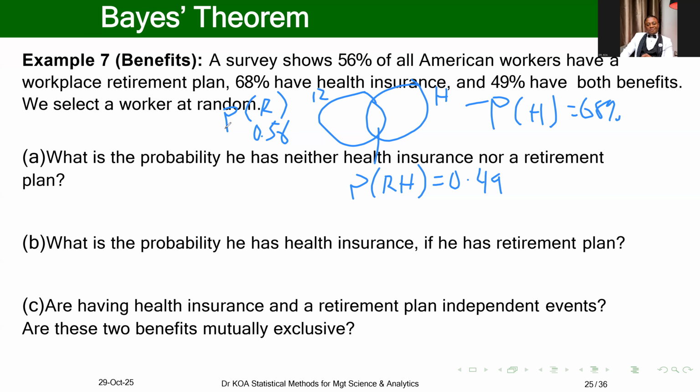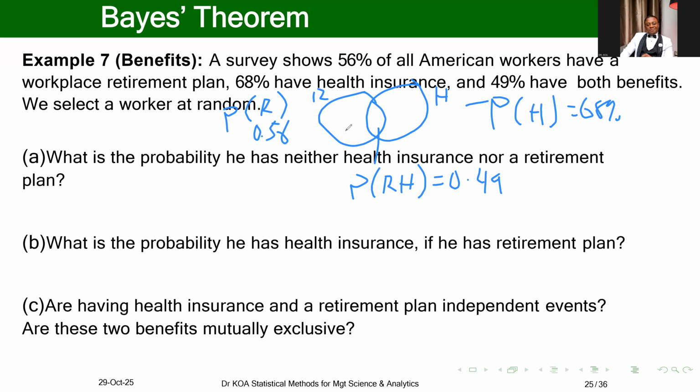So the probability of R is all of them with a retirement plan. But that is not the same as exactly those with a retirement plan. Those who have a retirement plan also have health insurance.